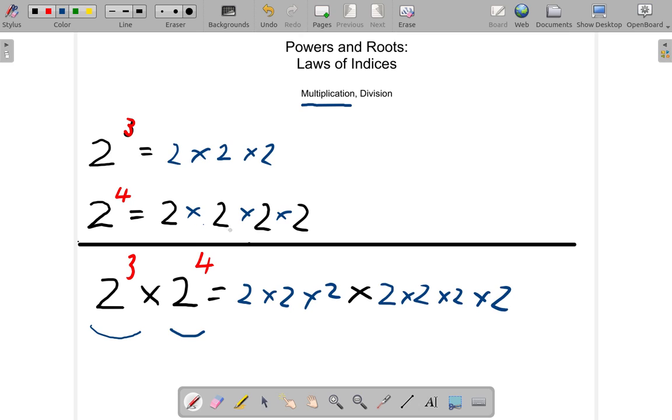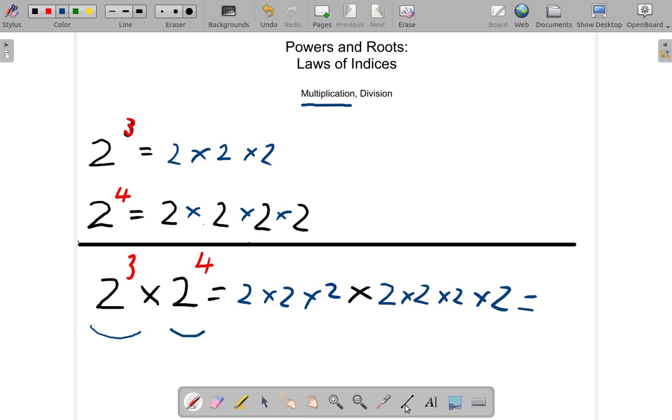Now, what does this all come together to give me? How many 2s do I have? 1, 2, 3, 4, 5, 6, 7 2's multiplied by each other. What is a short way of writing 7 2's multiplied by each other?